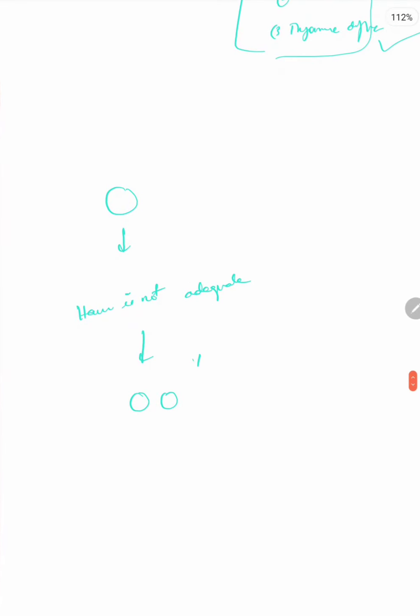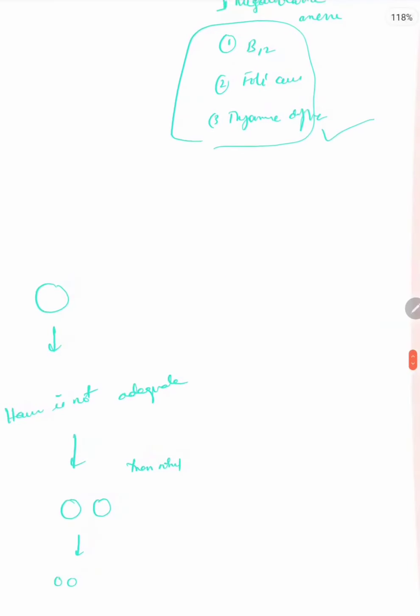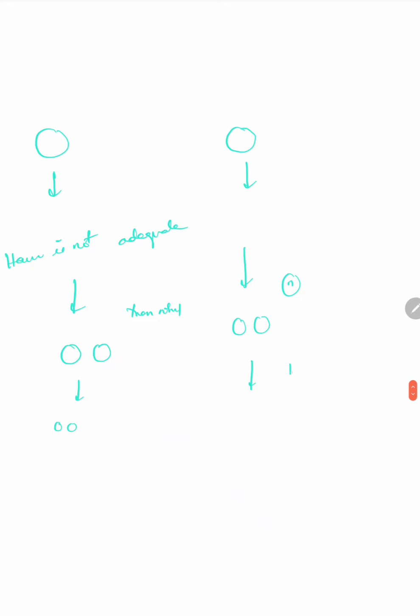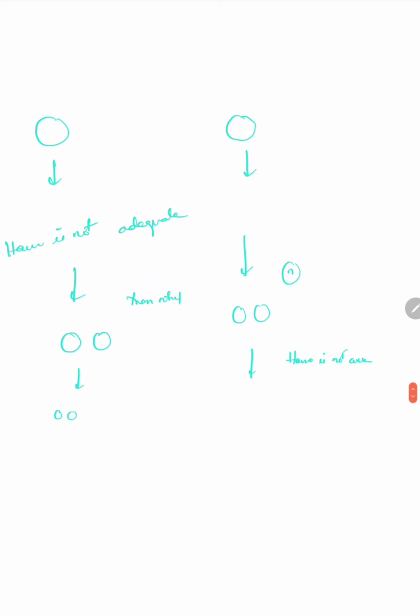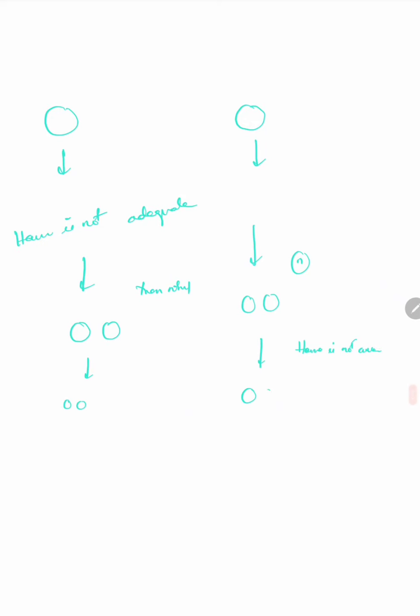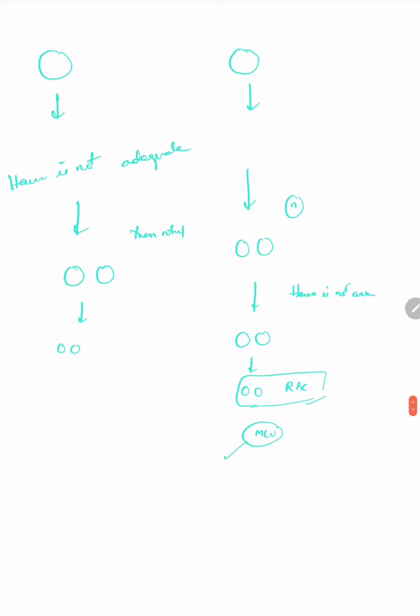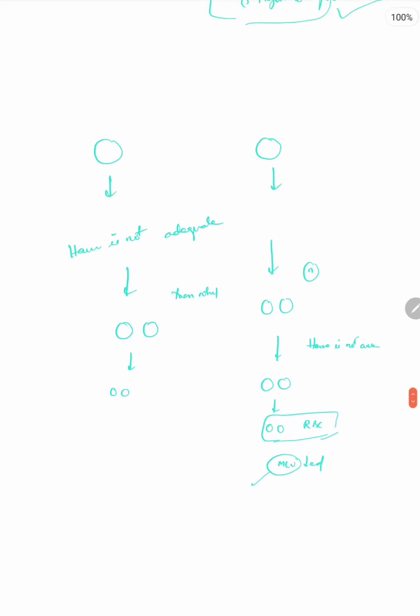More divisions occur than normal, and the RBCs become small. If there are n divisions in normal RBC development and heme is not available in adequate amounts, the number of divisions will increase and the RBC will be very small. This is how MCV is decreased.